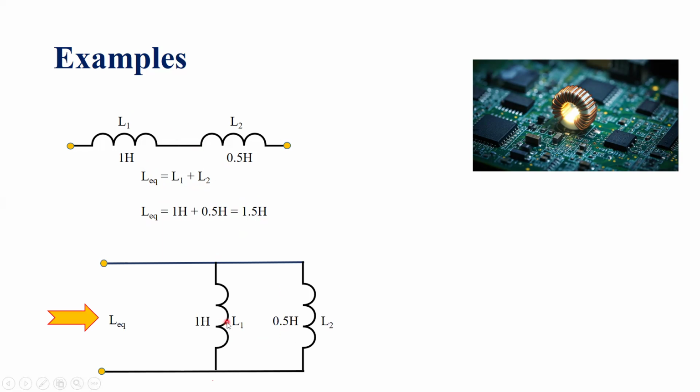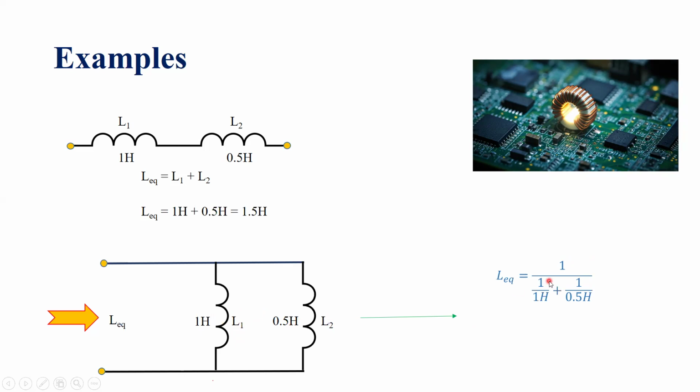What about the example for the parallel network? Here the value of L1 is 1 Henry and the value of L2 is 0.5 Henry. As we recall from the formula, L equivalent will be the reciprocal of the sum of the reciprocal of L1 plus the reciprocal of L2.